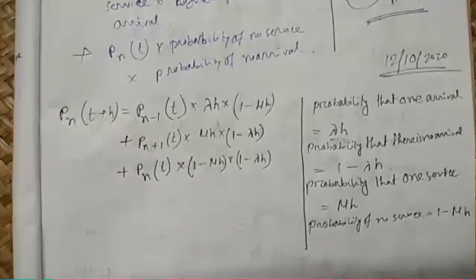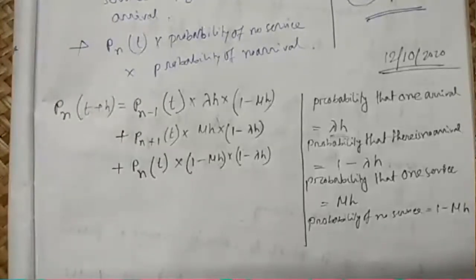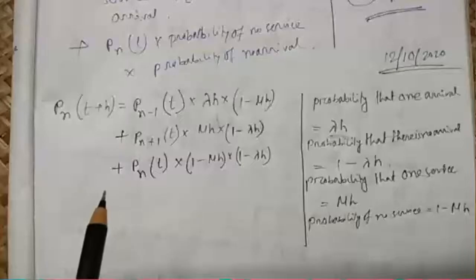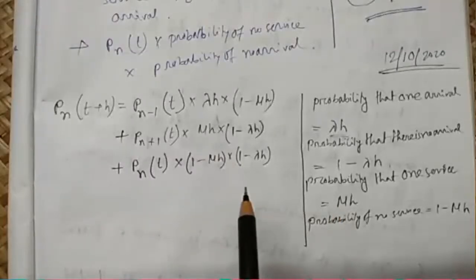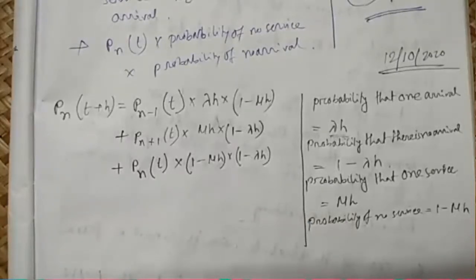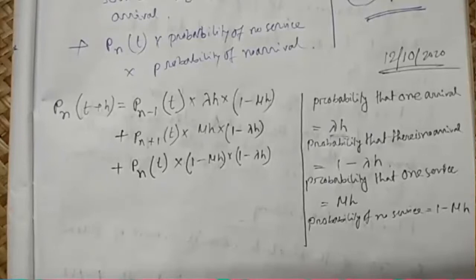Now we will simplify this equation and take out the higher order terms, because h is a very small interval of time, a very small quantity. Whenever there is a term which is a multiplication of small terms, or a higher order term, we can neglect it.